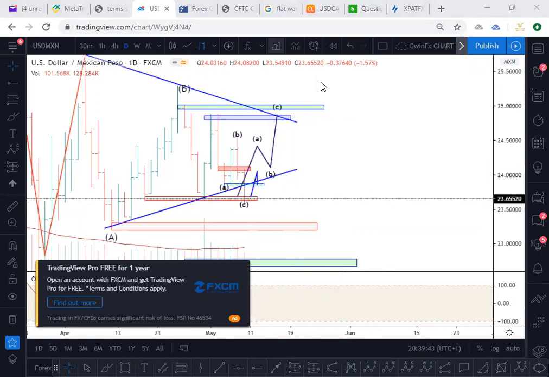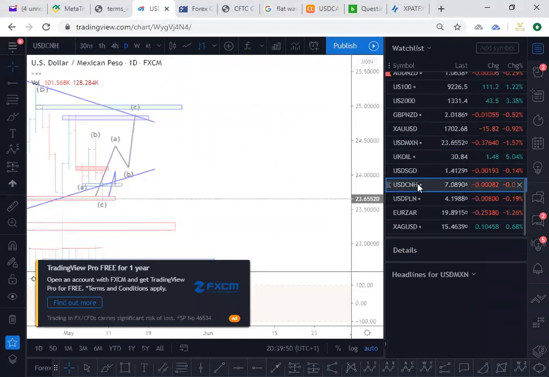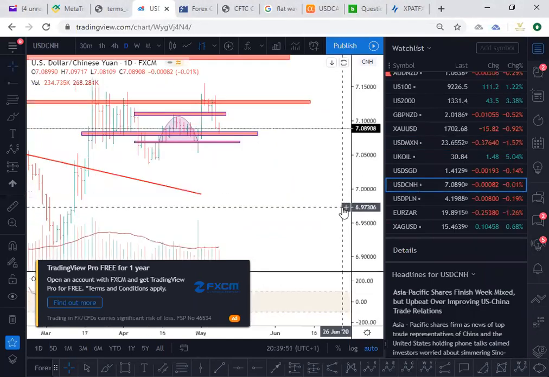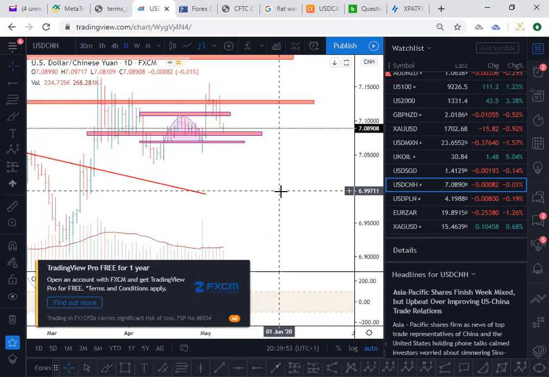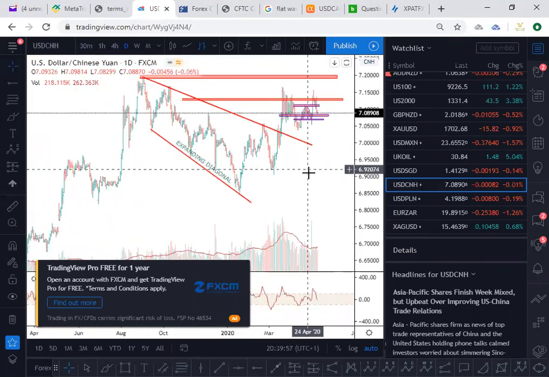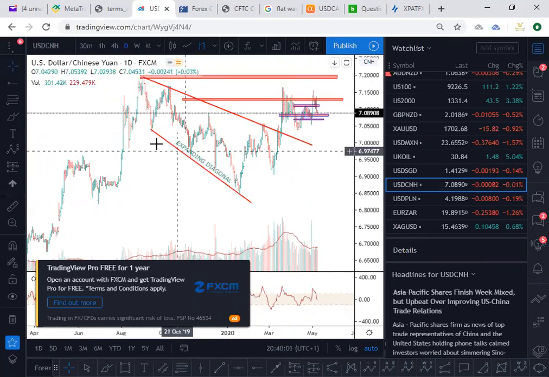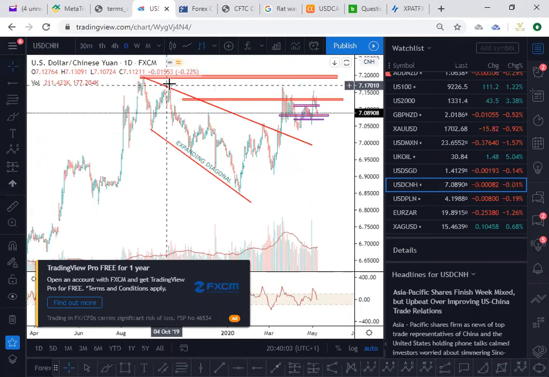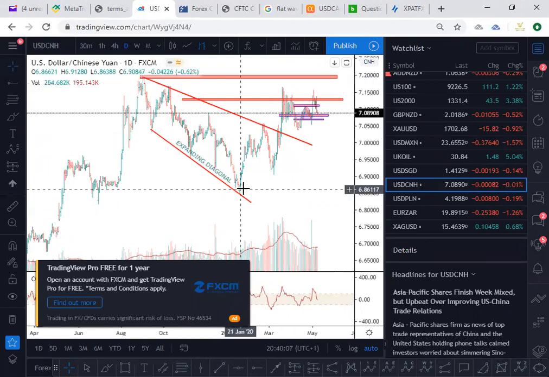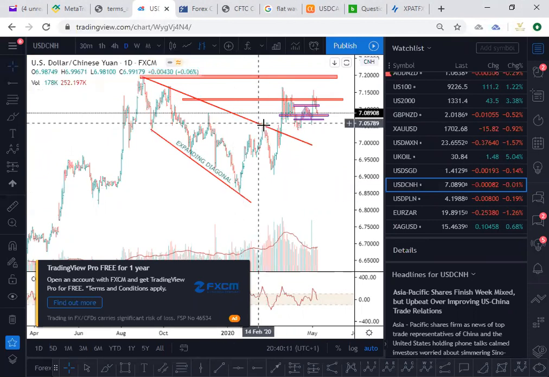But before we leave, let's just quickly speak about the USD Chinese yuan. We had this expanding diagonal, which actually played out perfectly to our trading plan. We had ABC, D, and E, and from here we had a buy to target the upside.